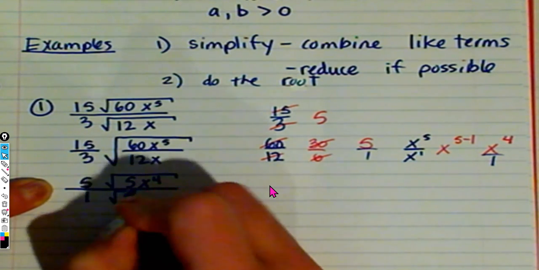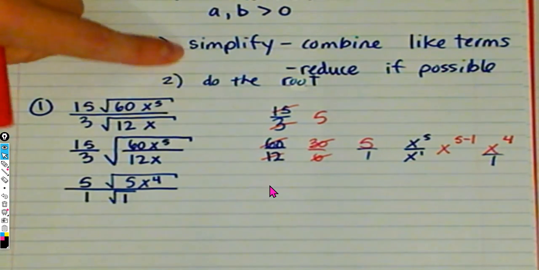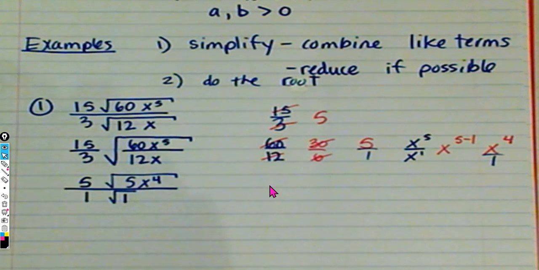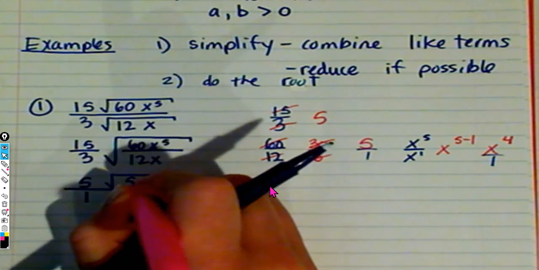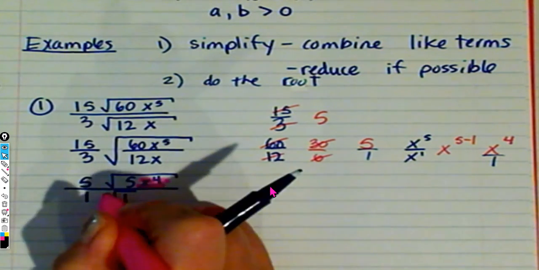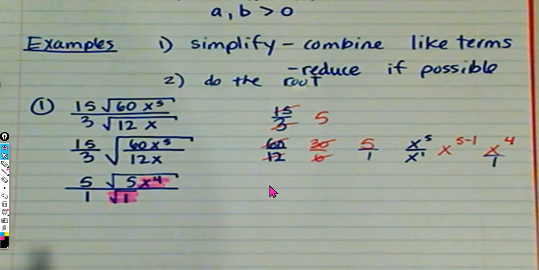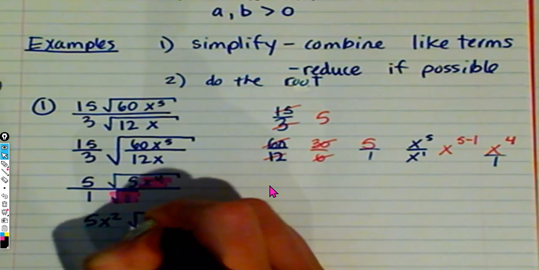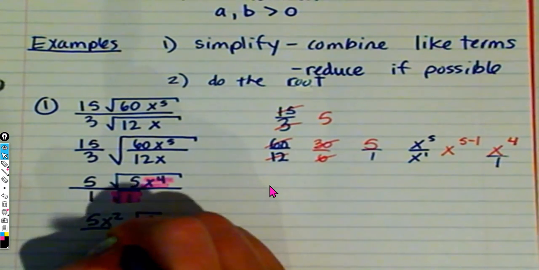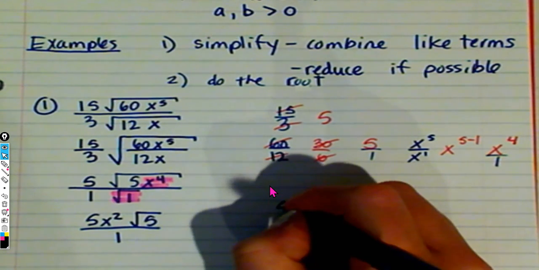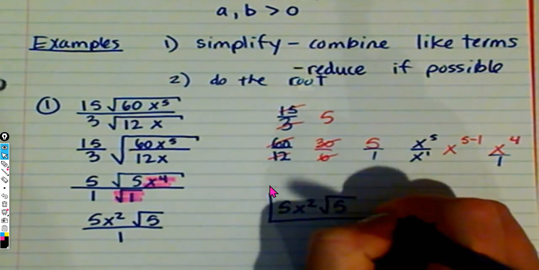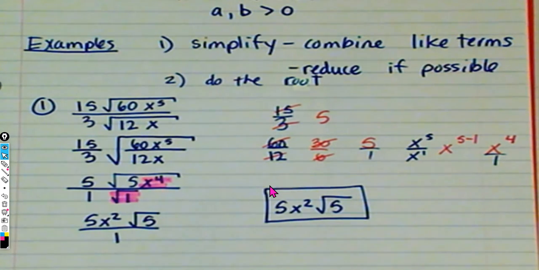All right, so I did my simplifying and combining. Now I need to actually do the root. Okay, so I'm getting good at this, so I'm just going to highlight the roots that I can simplify. So I end up with 5x squared root 5 over 1, which I don't actually have to write. So this is the final answer.